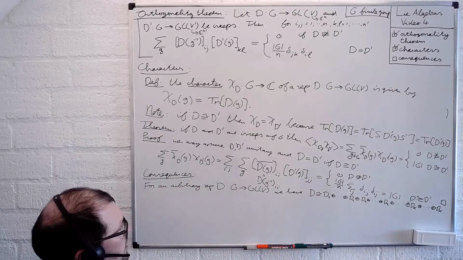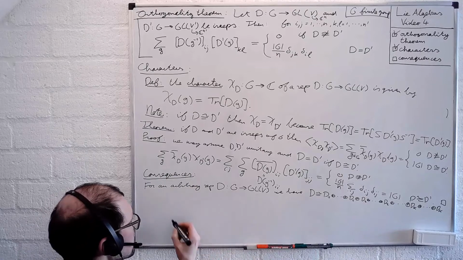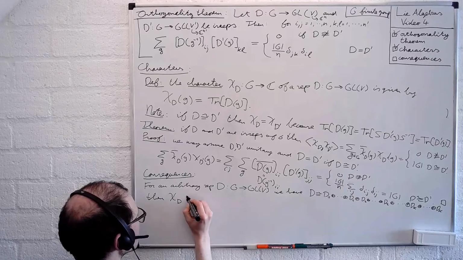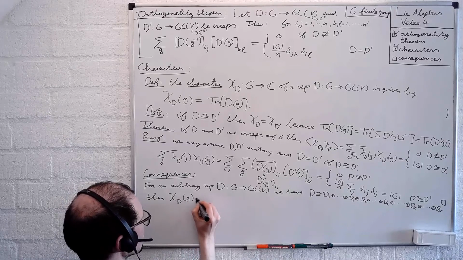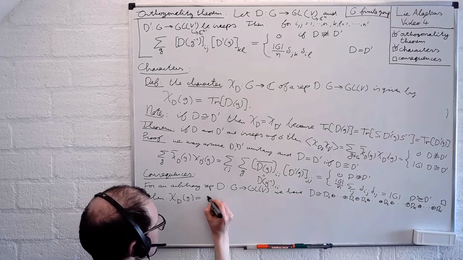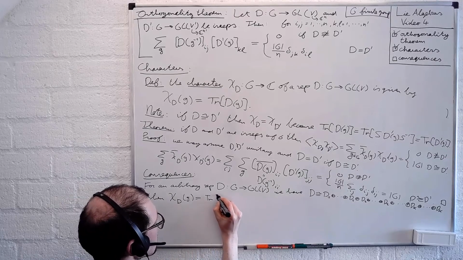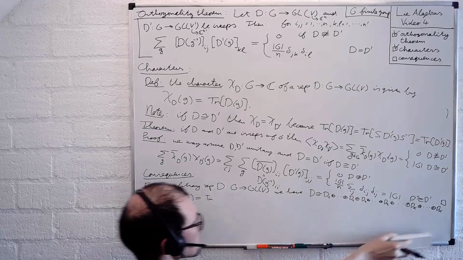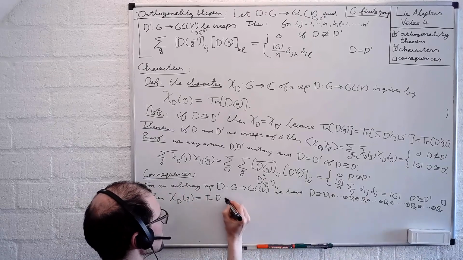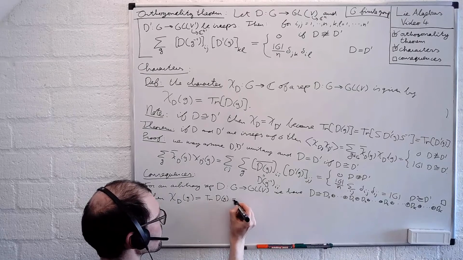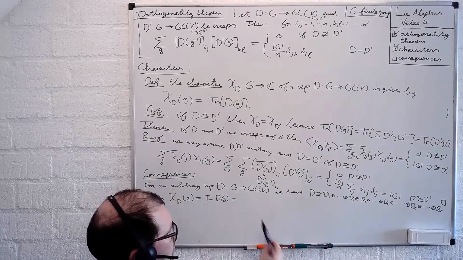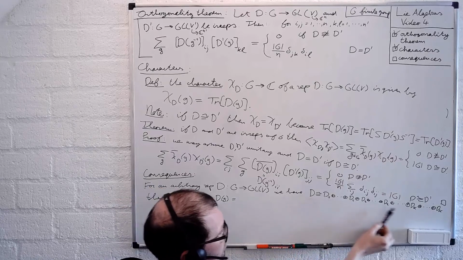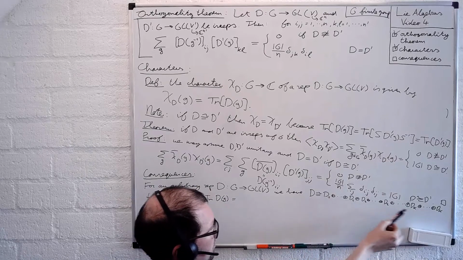And given this, we can easily compute what the character of D is going to be. So then the character of D evaluated at g, so that's a trace of D(g), which we know is going to be the same as the trace of the transformed representation, because they're equivalent.